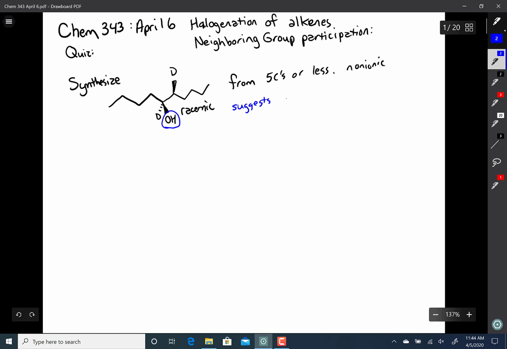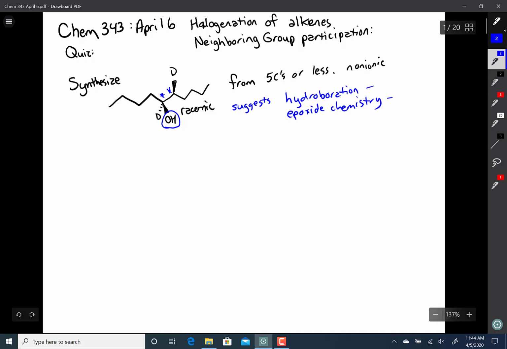Either hydroboration or epoxide chemistry. Because these two reactions have control over the stereochemistry.